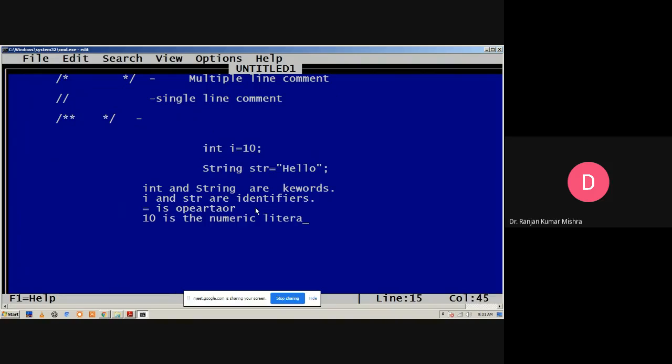Numeric literal means numeric constant. And hello is what? It is a string literal. So basically in the above two lines of instruction, we discussed what are the keywords, identifiers, operators, numeric literals, and string literals.